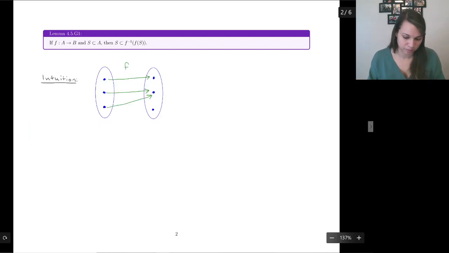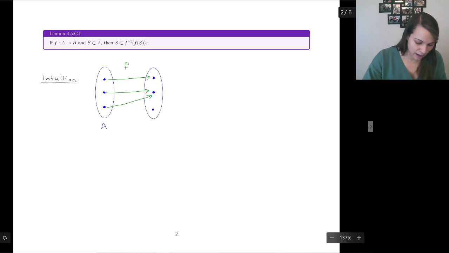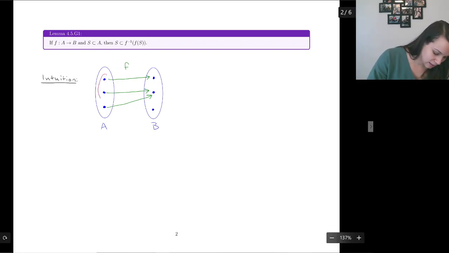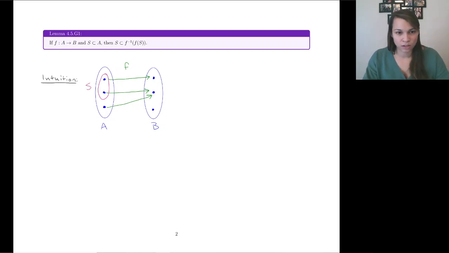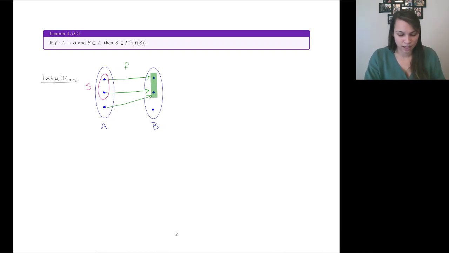So intuition. Suppose we have set A, and this is set B, and then we'll say this subset right here is S. We then want to look at where S is going to get mapped to. So S gets mapped to these two elements right here.